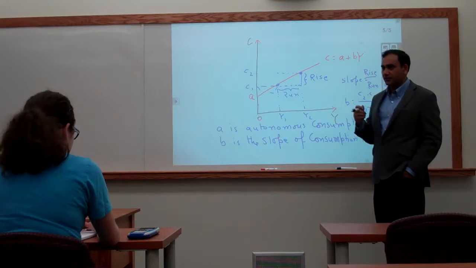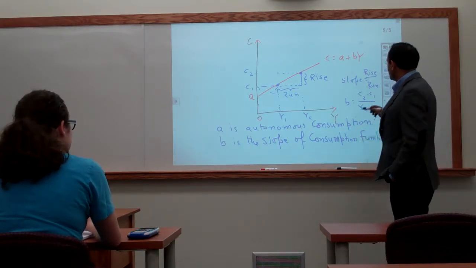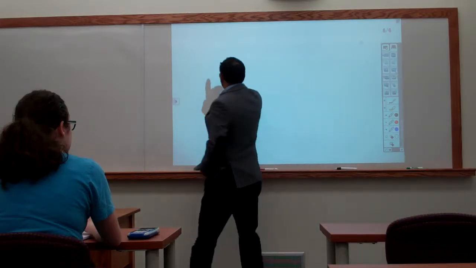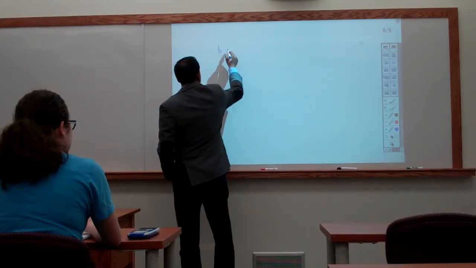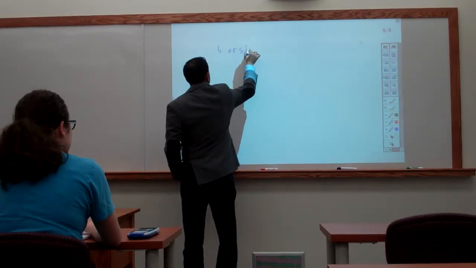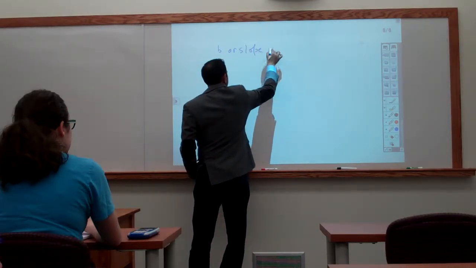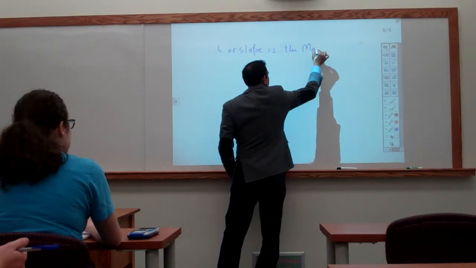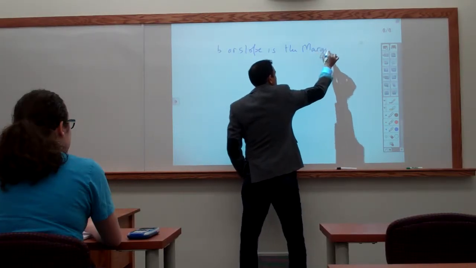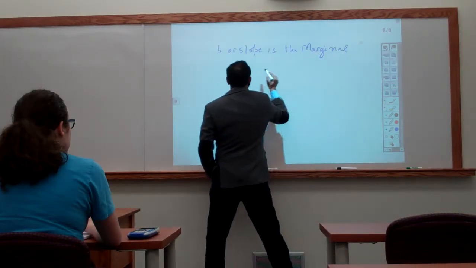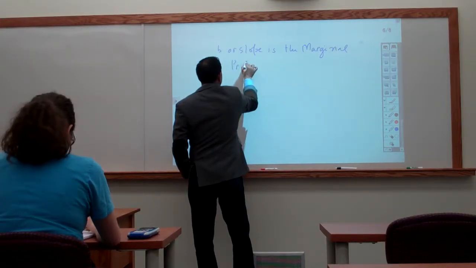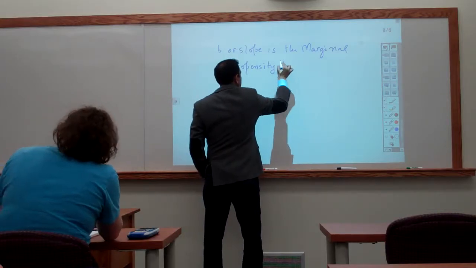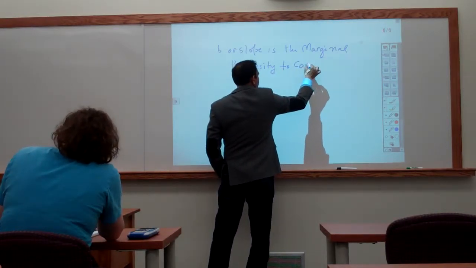Okay. So what does B mean? What is the economic interpretation of B? We know it's slope, but what does it mean in our context? Let me clarify that. Let's go to the next slide. So B, or slope, is the marginal propensity to consume.